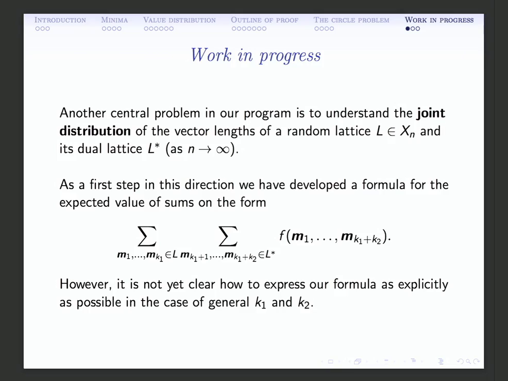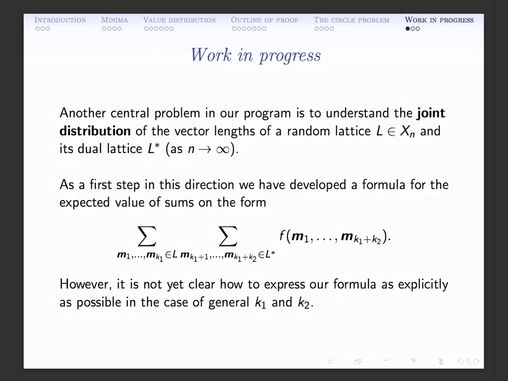And what one really would like to understand here is, of course, the relation of this hn function at L and L dual. But as a first step, we're trying to understand the distribution of the lengths of the vectors of the lattice L and the lengths of the vectors of the dual lattice L star.